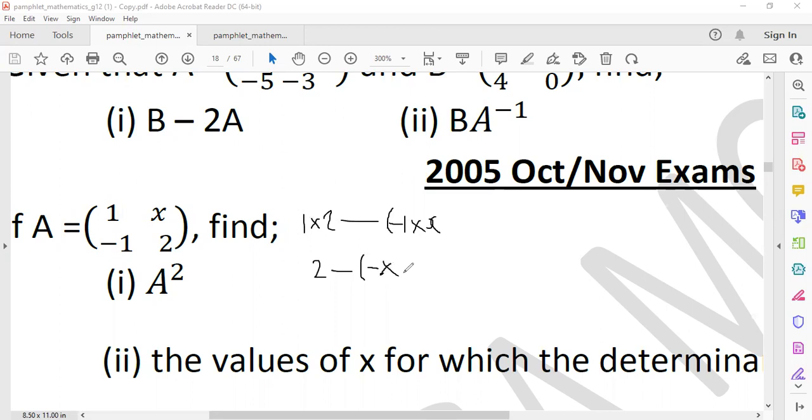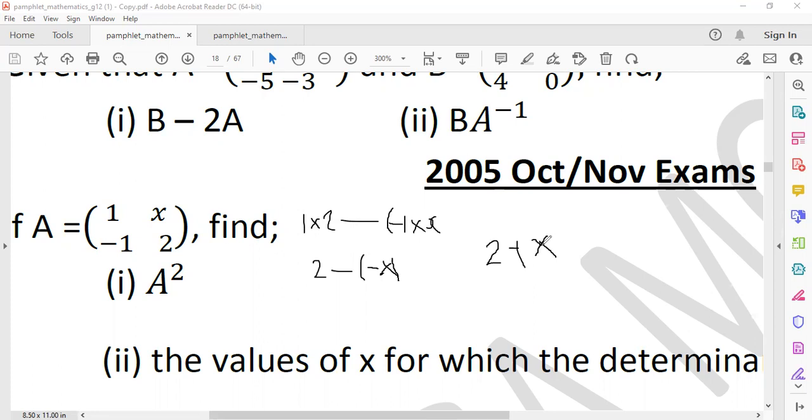So it's 2 minus negative x. Minus minus is positive, which means it's 2 plus x. We are trying to prove something here.